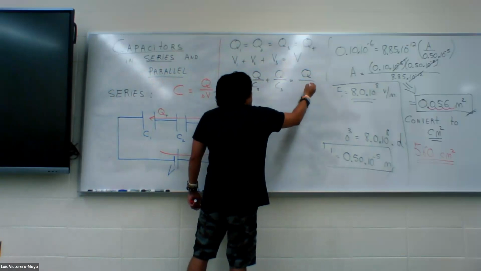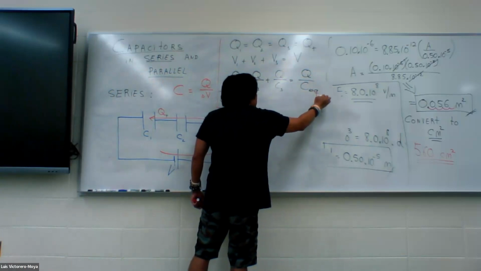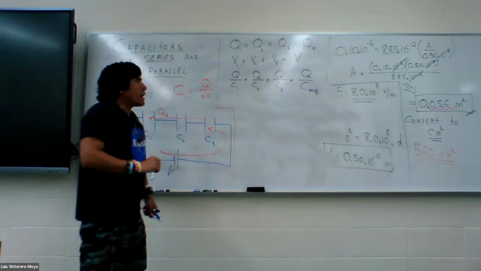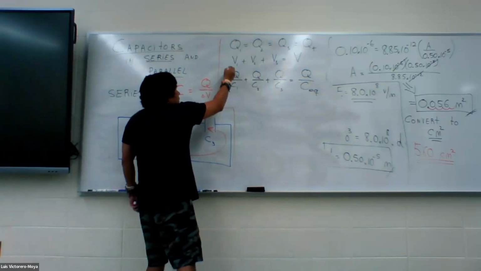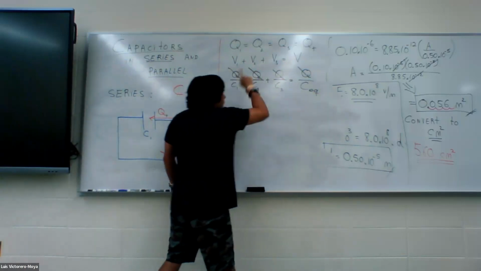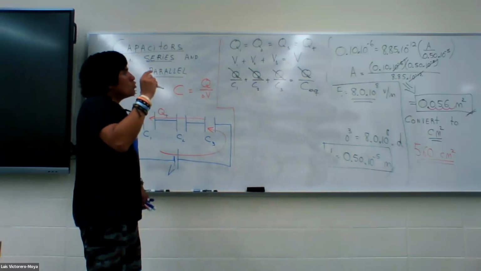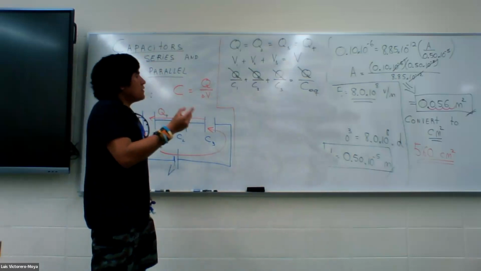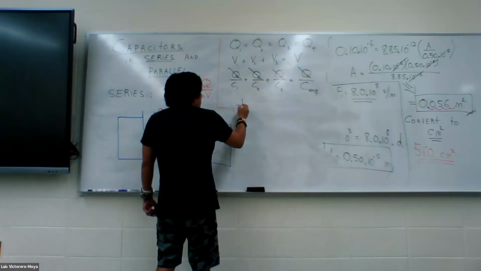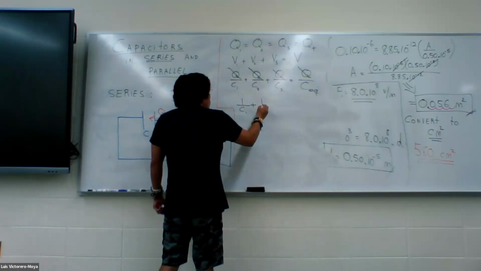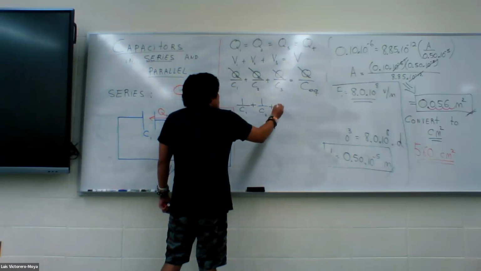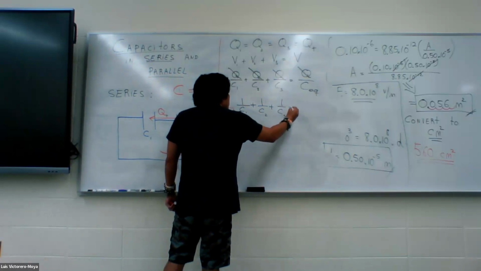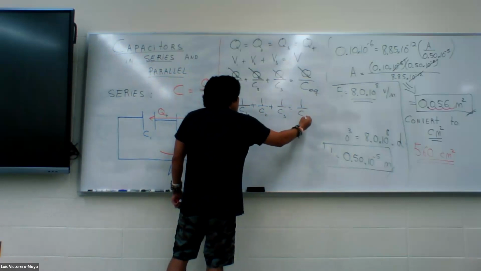Q over C equivalent. We call that the equivalent capacitance. Well, all the charge cancels and we get the equation to combine capacitors in series, which is basically 1 over C1 plus 1 over C2 plus 1 over C3 is equal to 1 over C.